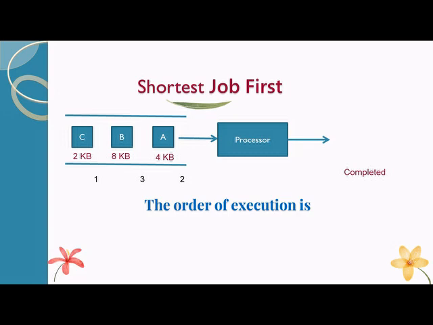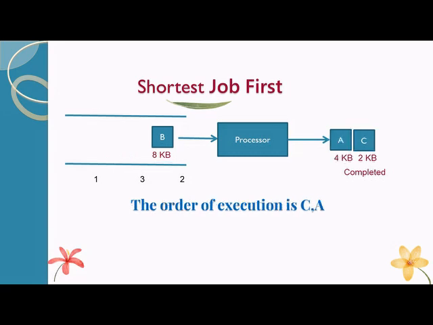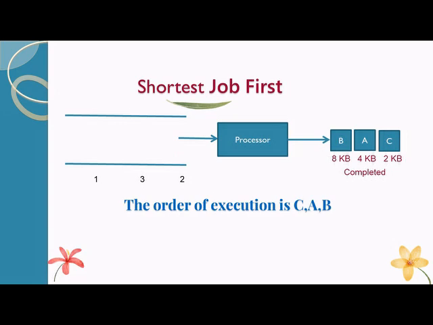Among these three, C is the shortest process, or otherwise we call it a job, and that will be chosen for execution first. And that gets completed. Then among A and B, A is the shortest job, so that will be processed next. Then B will be selected for execution. So the order of execution is C, A, B.